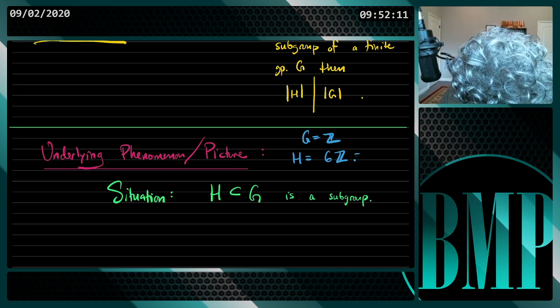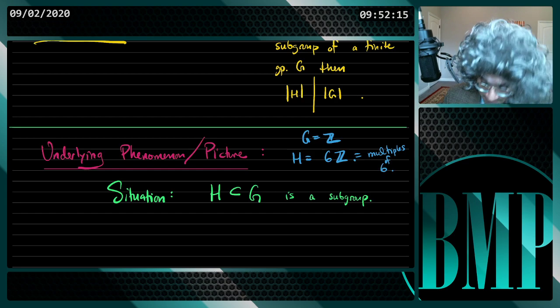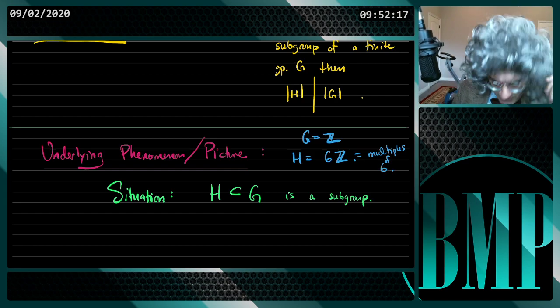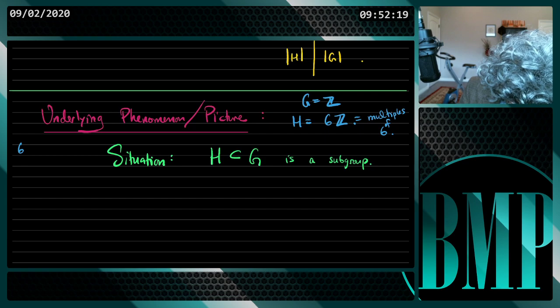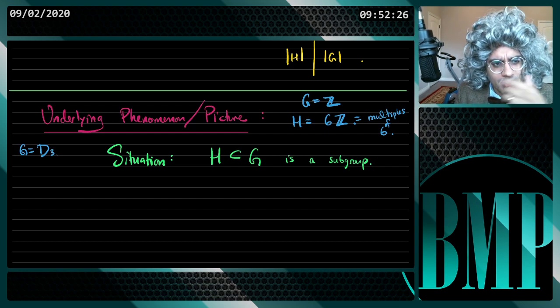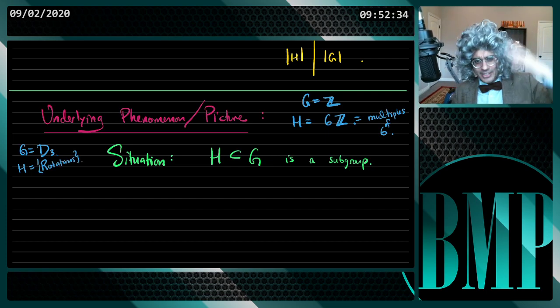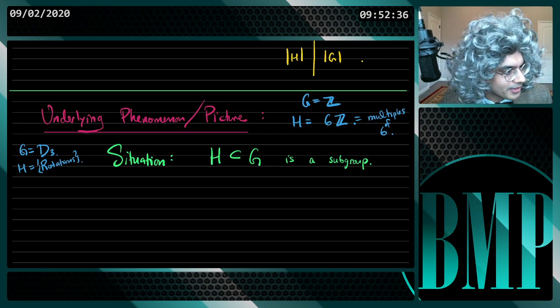Why not? Or you go and you do your own. G could be the dihedral group D3, for example, and H could be the rotations. You have tons of examples in your list.